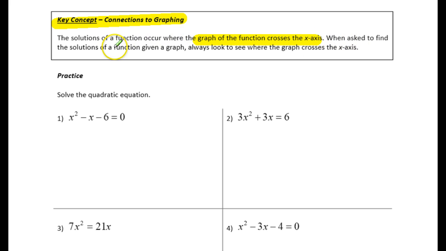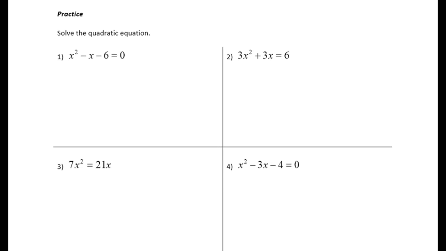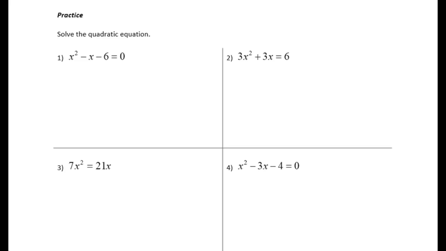When asked to find the solutions of a function given a graph, look to see where the graph crosses the x. So what that basically means is our final answers are the values of the x-intercept, where it crosses the x-axis. So we'll start doing that now with the calculator, and it's a good way to check your answers as well.